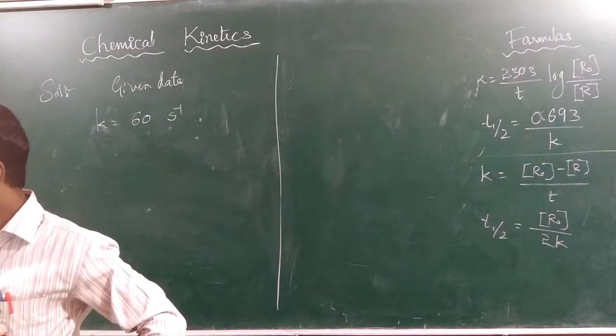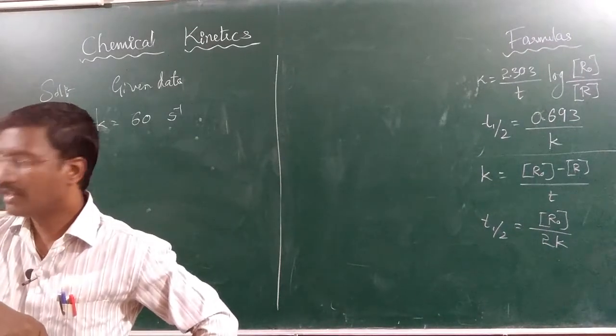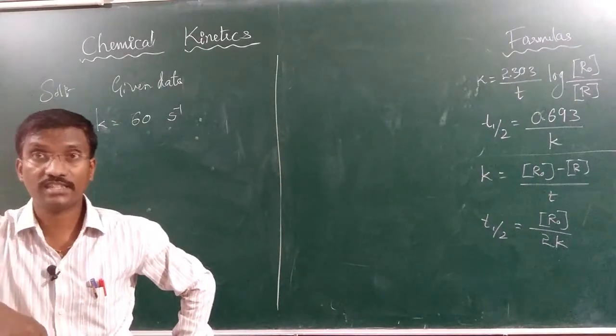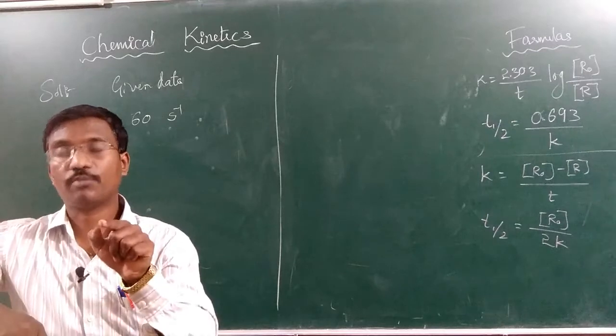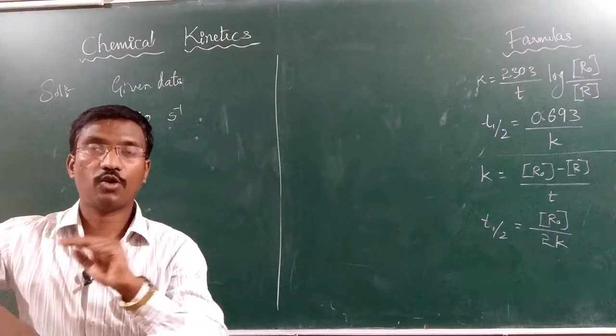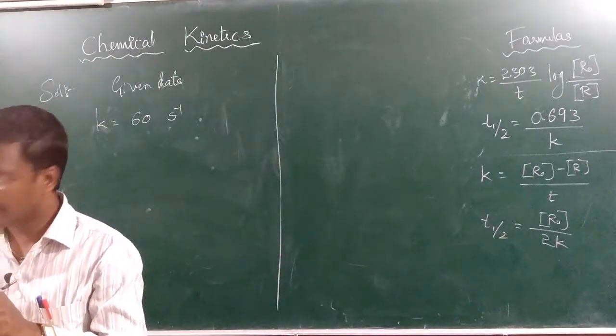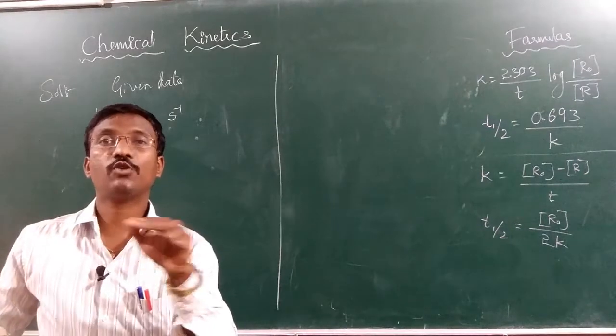How much time will it take to reduce the initial concentration of the reactant to its 1/16th? Concentrate once again on the problem. They have not asked you to calculate the half-life. They are asking how much time it will take to reduce the initial concentration.